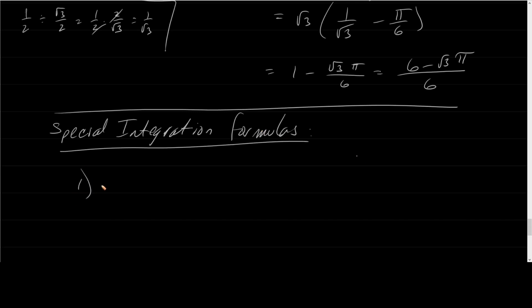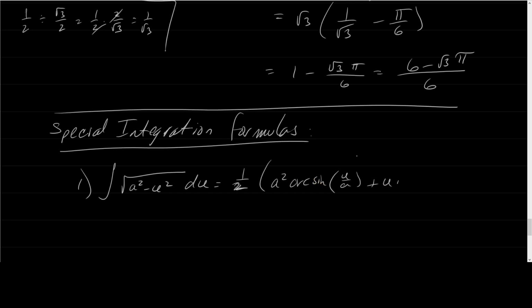So if I have the integral of the square root of a squared minus u squared du, that's going to be 1/2 times a squared arcsine of u over a plus u times the square root of a squared minus u squared plus c, right?